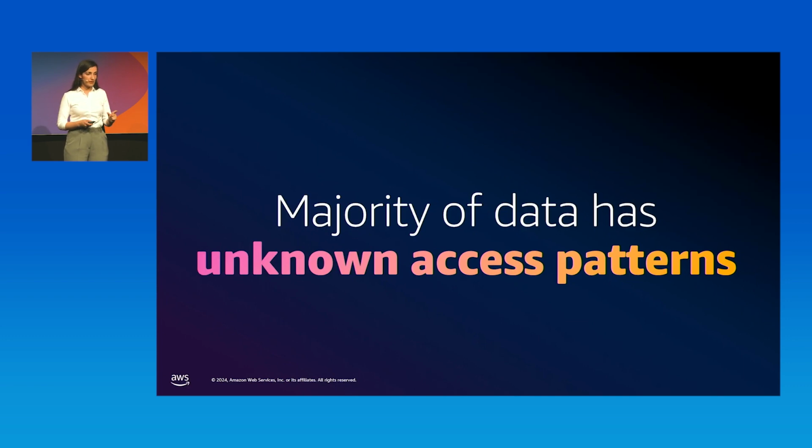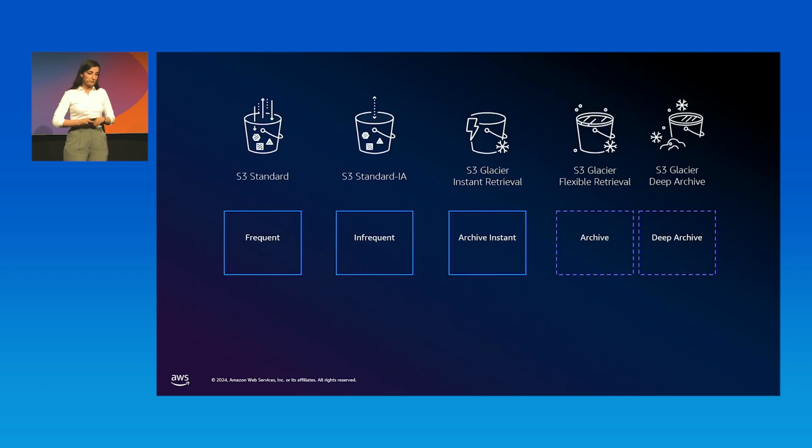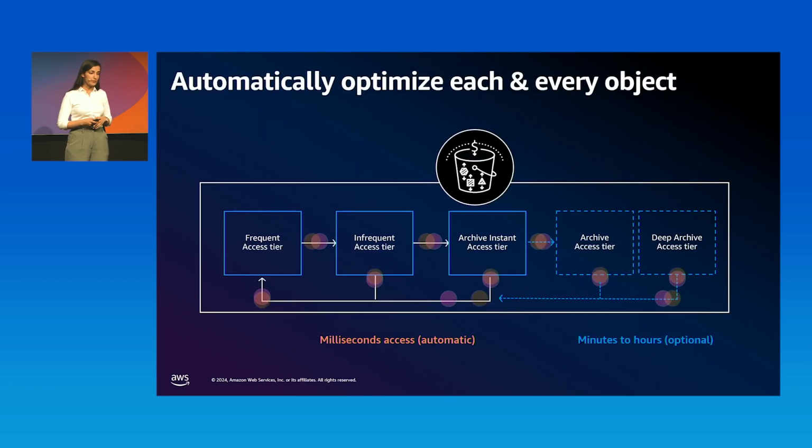It's particularly challenging to predict when an individual object is going to be accessed. But you want to optimize at an object level. And for that, we have a different storage class. Because you cannot figure out which of these storage classes you want to place your object in. And that is where you should use S3 Intelligent-Tiering.